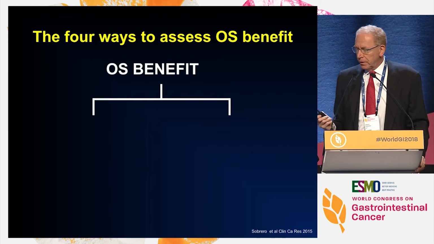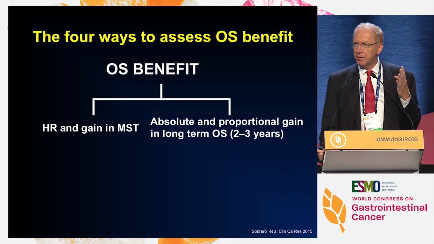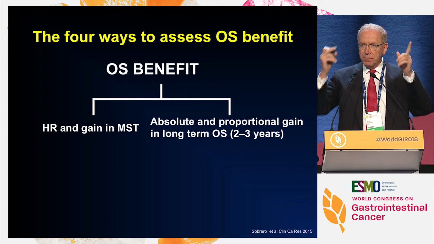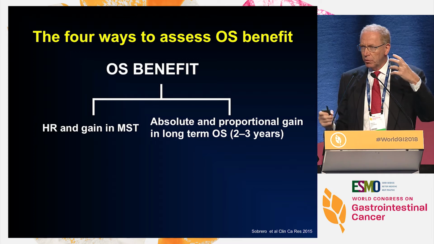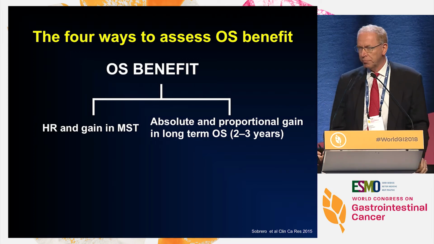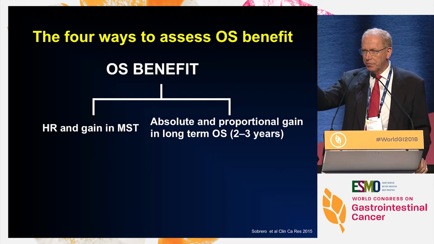The second point is how is the survival benefit expressed? Now, we essentially have 4 ways of expressing the benefit in terms of survival or PFS. One is matching the 2 curves and coming down with the overall summary parameter of hazard ratio. The second is looking at the gain in median survival.